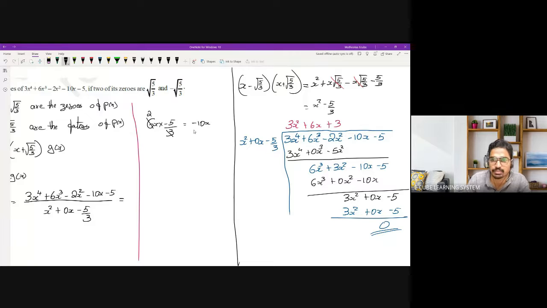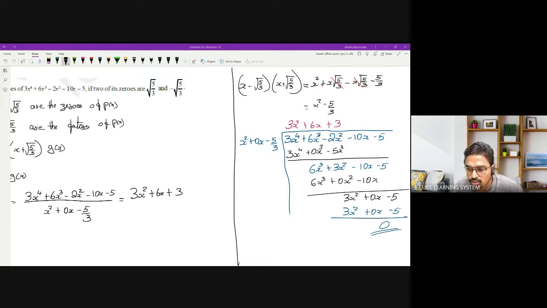So now we have g of x equal to 3x square plus 6x plus 3. We should factorize. Shall we factorize, everyone? Shall I change the division part?